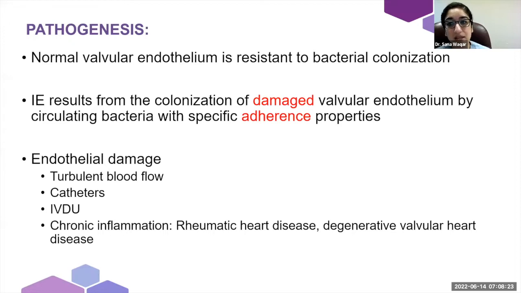So something that has the ability to adhere to this damaged endothelium to result in this vegetation. And that's why, when we talk about the microbiology of endocarditis, gram-positive organisms are more likely to cause endocarditis than gram-negatives, because of their pathophysiology and their virulence mechanisms. Their adherence properties are much stronger than you would see with gram-negative organisms. So in layman's terms, they are stickier than gram-negative organisms. That's why they're more likely to cause infective endocarditis.